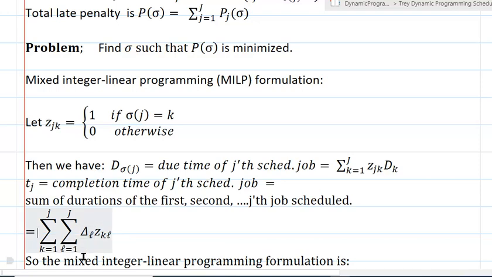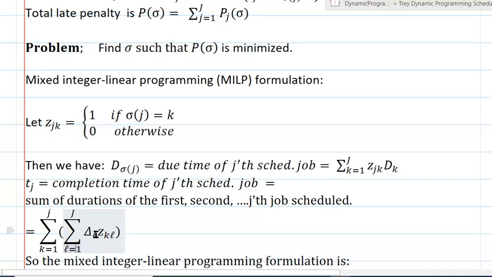Now what's inside this sum here? I claim that what's inside this sum is the duration of the kth job scheduled. Because what I've done is I've summed over all durations times z_kl. The z_kl is going to pick out the kth job.